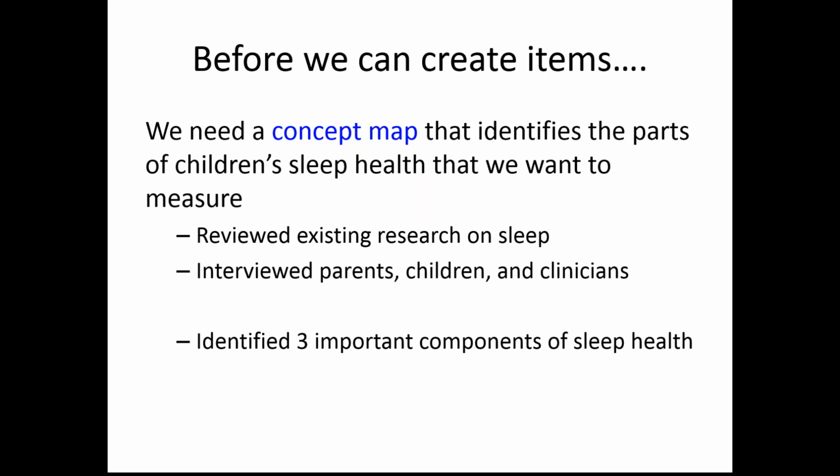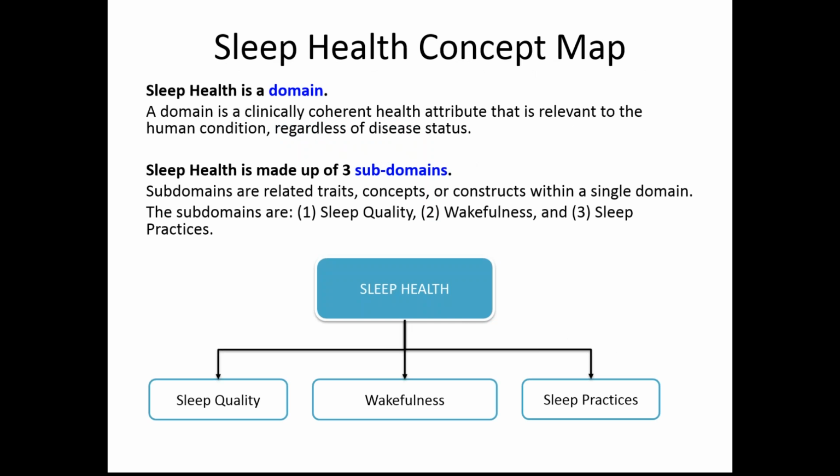So we have this 150 set of item concepts, and we organize them into groups that make sense. We call them facets, and then those facets get grouped into subdomains.